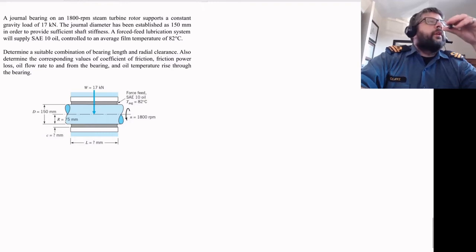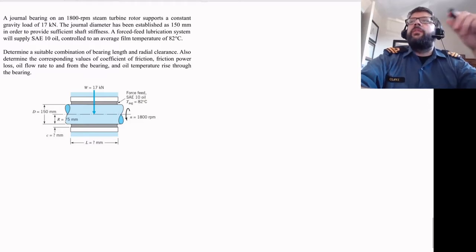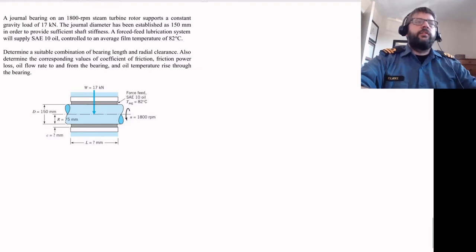They've already determined that they want to be working with a 150 millimeter diameter shaft, and that they're going to be using SE10 oil, and working with an average film temperature of 82 degrees Celsius.